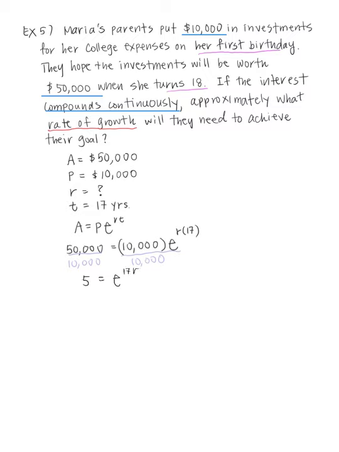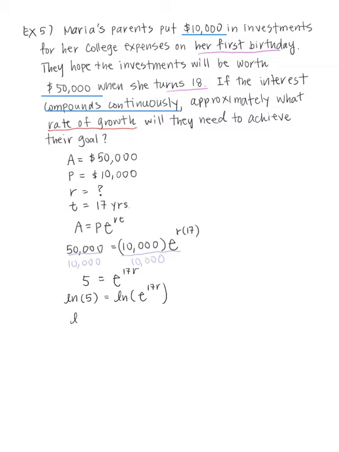Looking good. Now remember we're trying to solve for r, but our r is right now in the exponent on e. So I need to kill that e, and who's going to kill it is ln. So we're going to take the natural log of both sides. We have ln of 5 equals ln of e to the 17r.